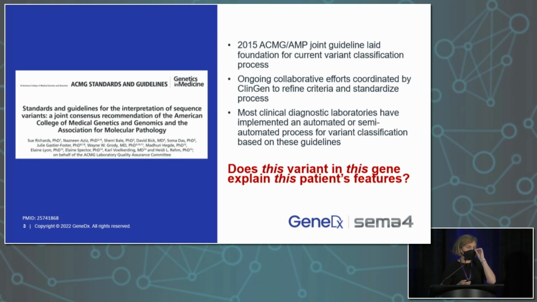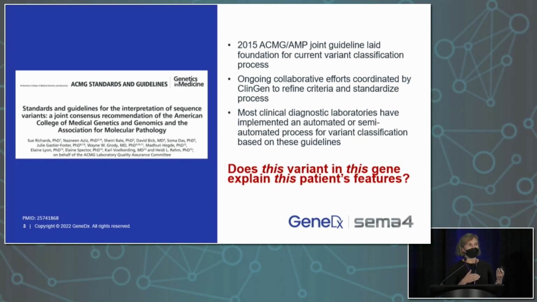But the reality is that our bodies are complicated, which means that variant classification is complicated too. So this simple framework has been an ongoing source of collaborative efforts to refine these criteria and standardize the process, and that still goes on today. Most clinical diagnostic laboratories have either an automated or a semi-automated process for variant classification.